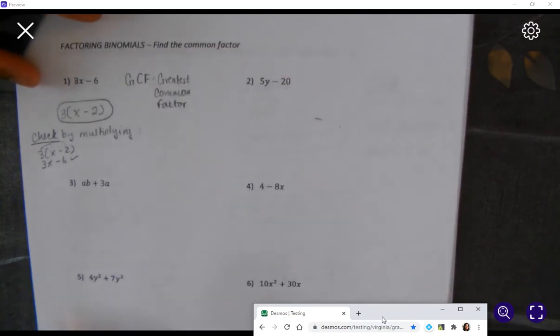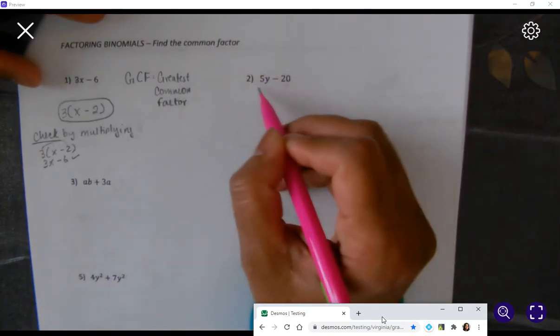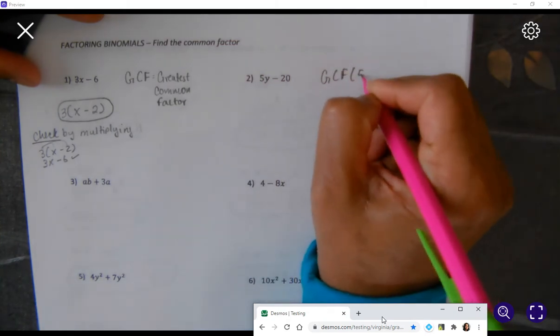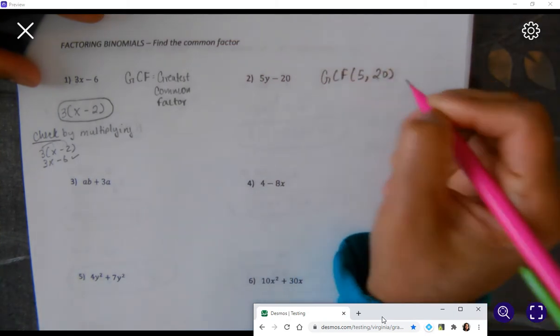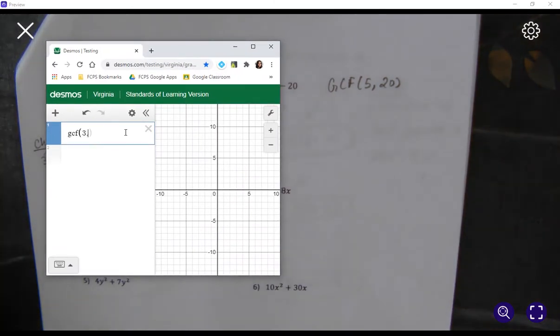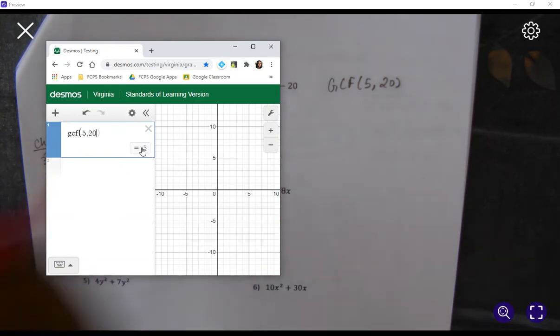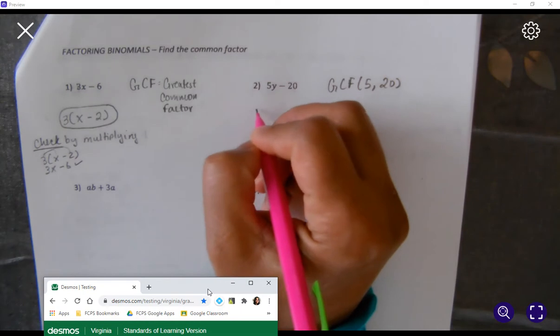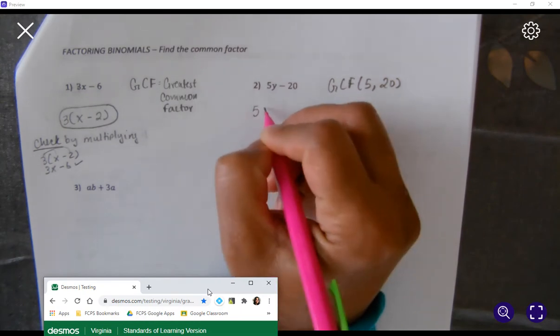Okay. So we want to find the greatest common factor, the GCF, between 5 and 20. Well, we know 5 goes into both of them, which means that I can factor out the 5, okay?